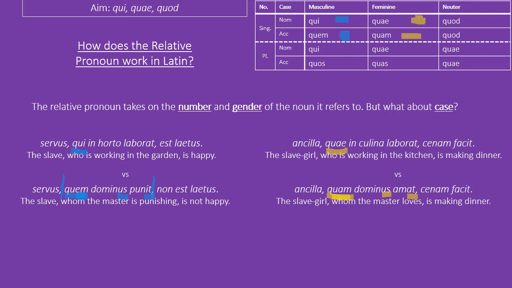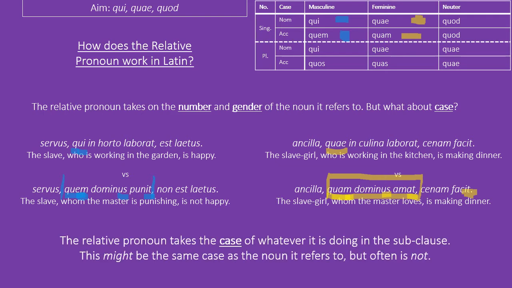The slave girl, whom the master loves, is making dinner. Notice she's still doing the verb, even though in the subclause she's accusative. It doesn't matter, because in the main clause, which is always the sentence you translate first, you can see that she's nominative. So the rule basically is the relative pronoun takes the case of whatever job it is doing in the subclause. If it's doing something, nominative. If it's having something done to it, it is accusative.